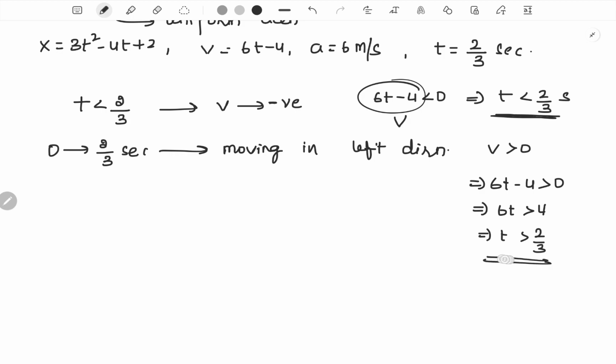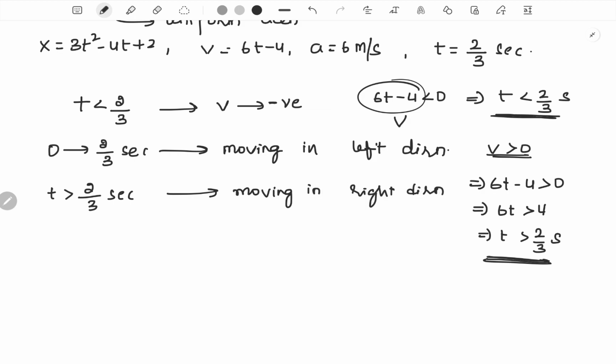That means for time greater than 2 by 3 seconds, velocity is positive, so the body is moving in the right direction. This is the conclusion that we can make.